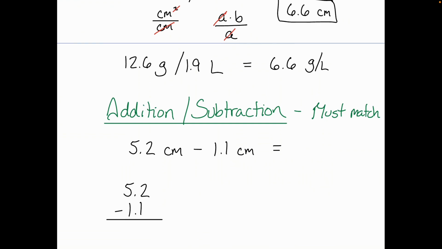Ones or tenths or hundredths? Tenths place, right? They both line up at the same, so I know I'm going to round to this position here. I guess this isn't too bad. We can do this in our head. 4.1. And the units are just going to be centimeters, right? They have to match in our inputs, and those are simply your units on the other side. You cannot have any mixed unit operations going on when it comes to addition and subtraction.